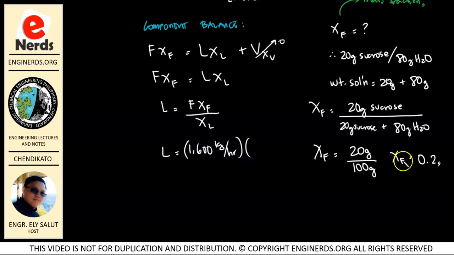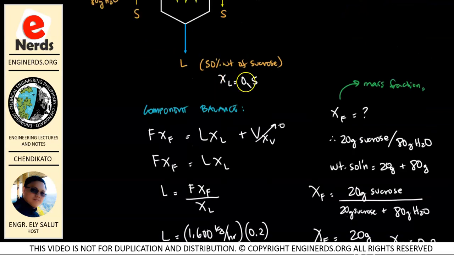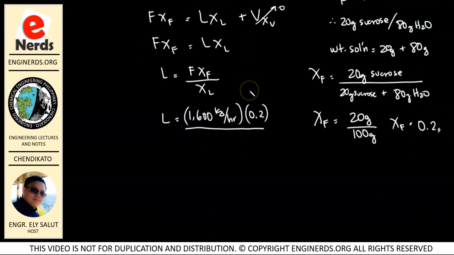Yung nakuha natin dito, we have 0.2. This is a dimensionless number because this is a weight fraction. Okay, so we have grams divided by grams here, so this will be cancelled out. So we will be dividing that to XL, and our XL is equal to 0.5. Okay, so we have here 0.5, and this is also dimensionless.